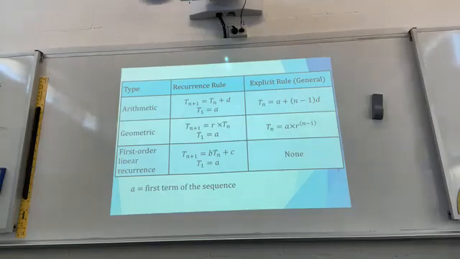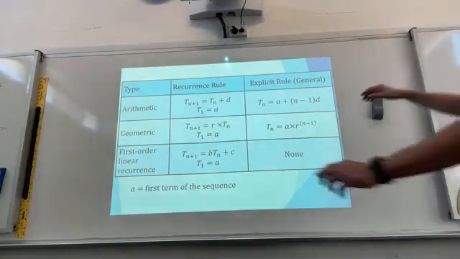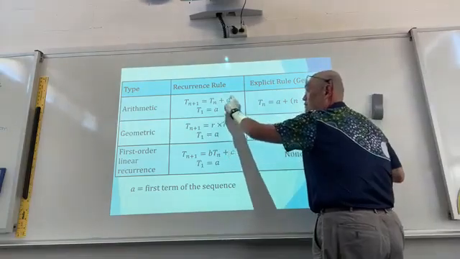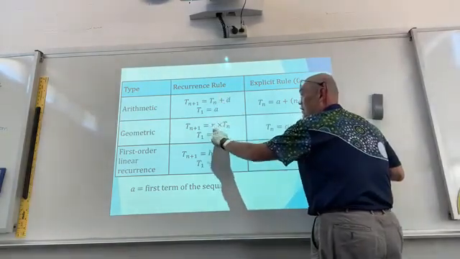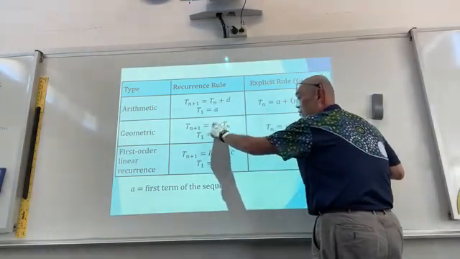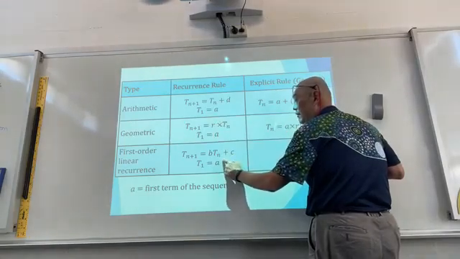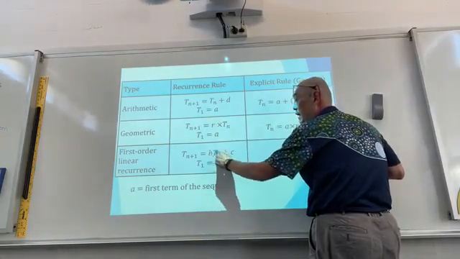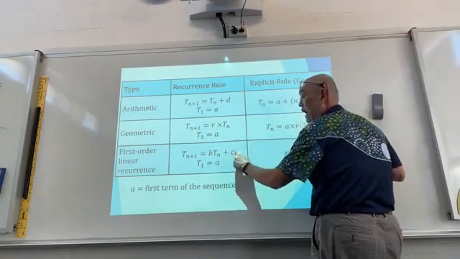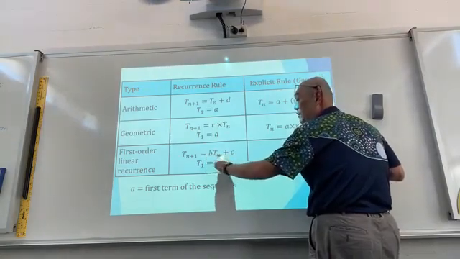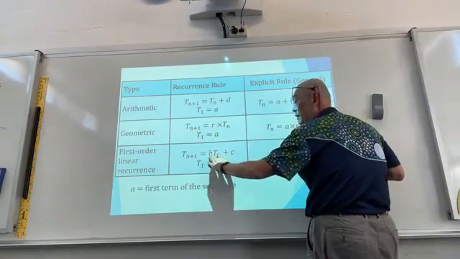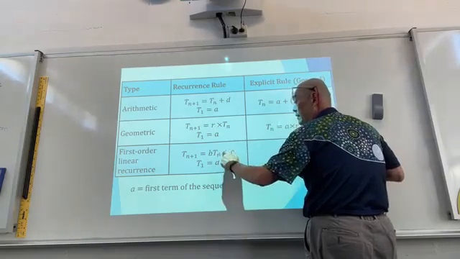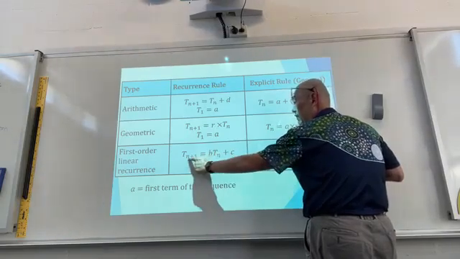Arithmetic has the common difference, geometric has the common ratio. For first order linear recurrence, you need to be able to determine the B and the C, the coefficient to the term Tn plus C, so that you can find Tn plus 1.